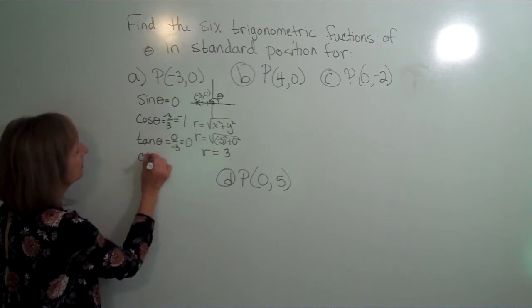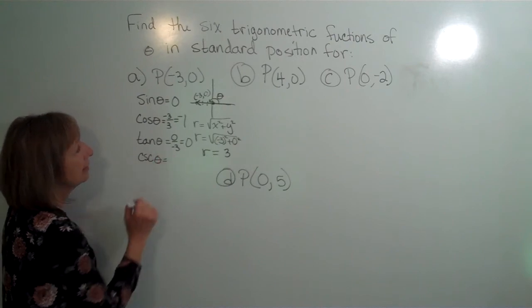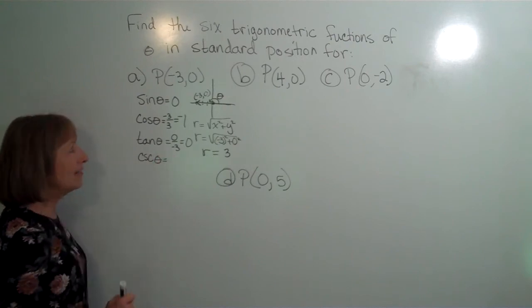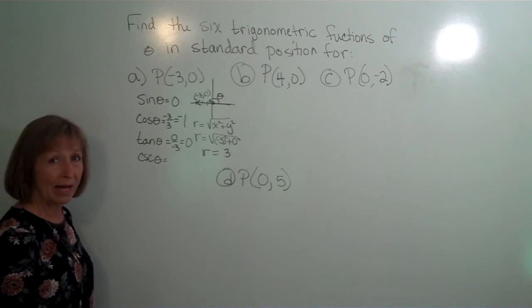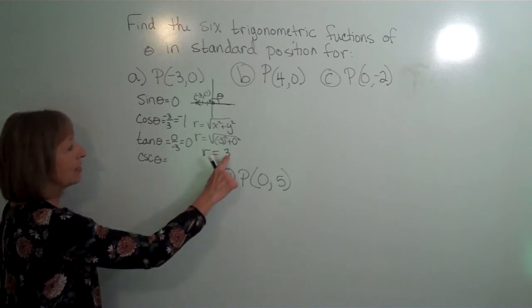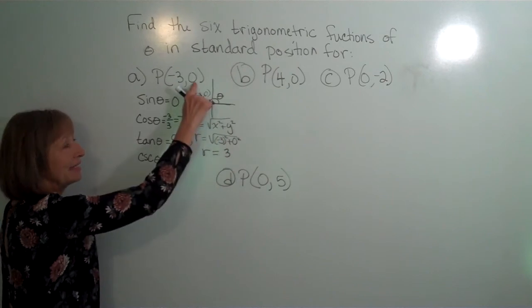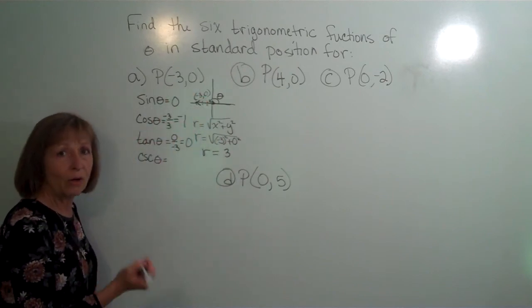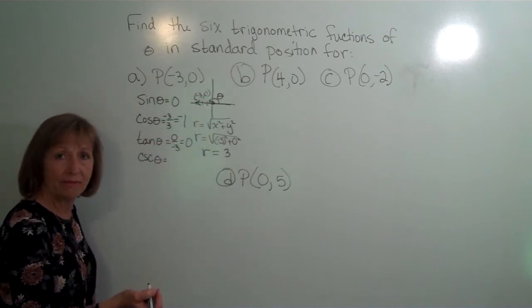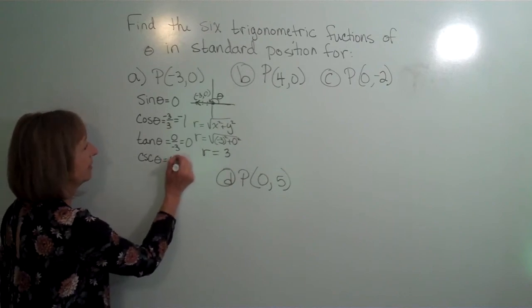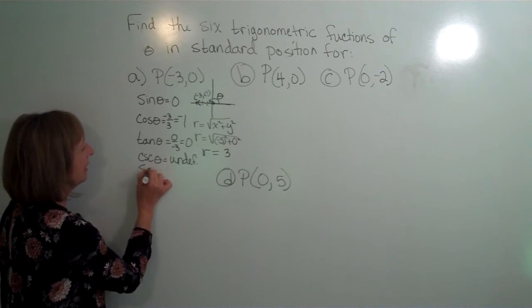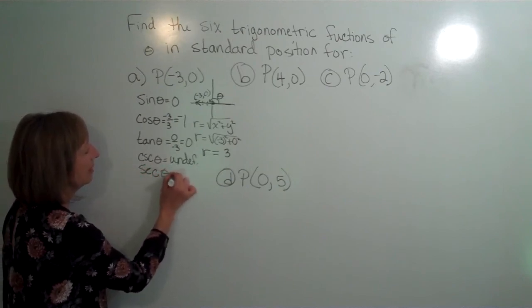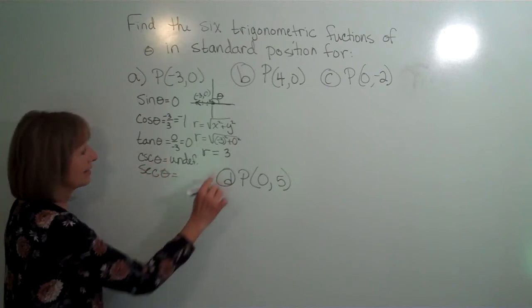The cosecant of that angle theta is r over y. And if I try to take 3 divided by 0, well, 3 divided by 0 is undefined. You can't divide by 0, so that's undefined. The secant of this angle theta is r over x.